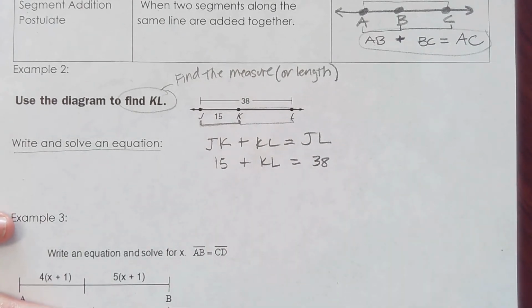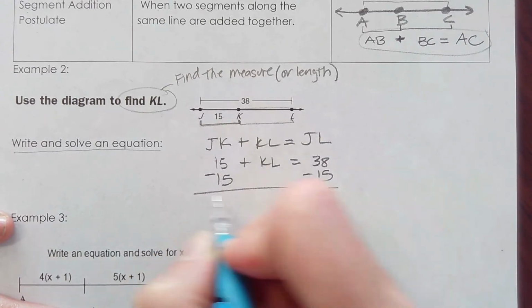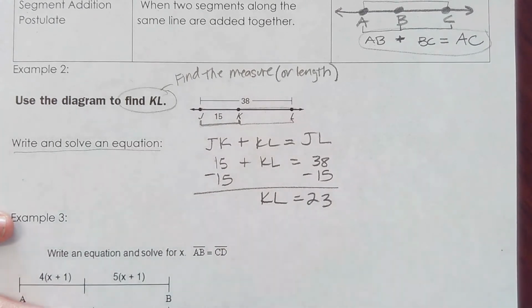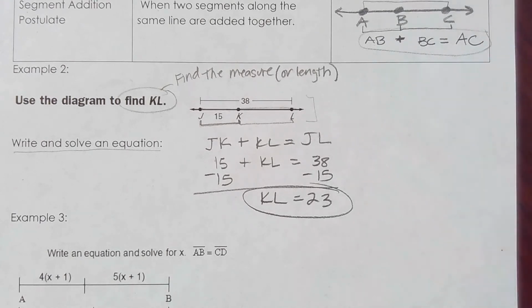So now we've got an equation and we're just going to solve it. So we'll subtract 15 from both sides and we're going to get 23. Okay, I know it seems simple, but basically that is the segment addition postulate being applied to an actual algebra problem.